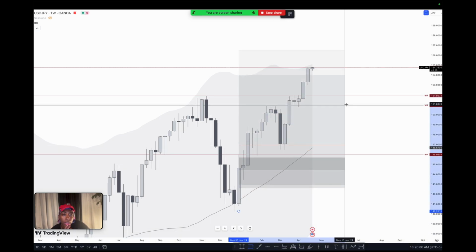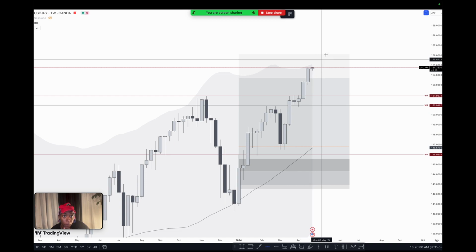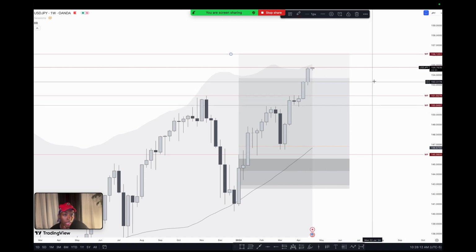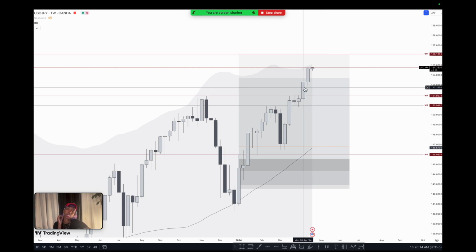Let me see the extension for this. Now, if we're gonna see a sell-off, it might push up here to this weekly level, and then we're gonna see some type of bearish confirmation, like a head and shoulders. That's my main one for real. We're gonna see the fourth hit again and again.